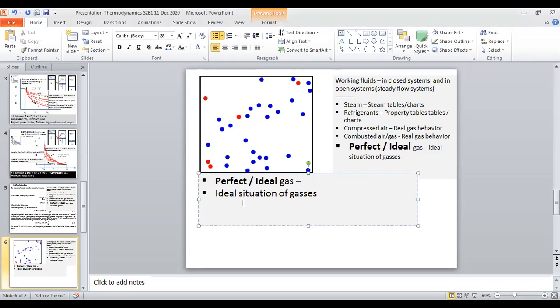So the perfect or ideal situation of gases, we have to understand that, because even some real gases we can look at as being in perfect or ideal situations.